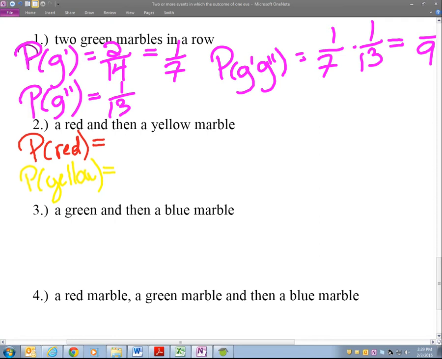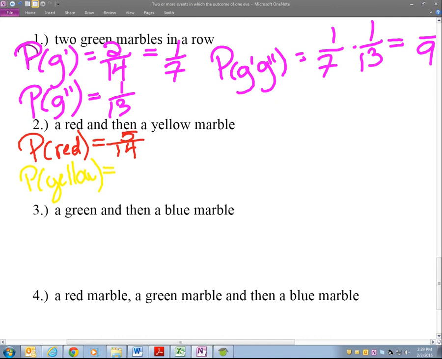What's the probability of drawing a red? 5 out of 14, because we have 5 red marbles out of 14 marbles. It should be 14, because number 1 is different than number 2. There's like a reset button at the end.